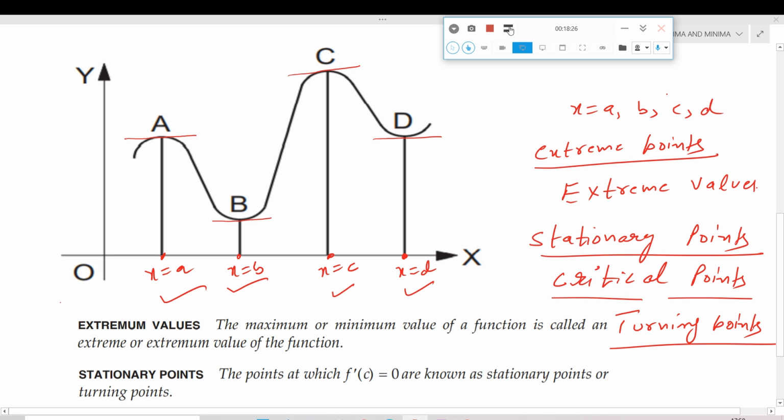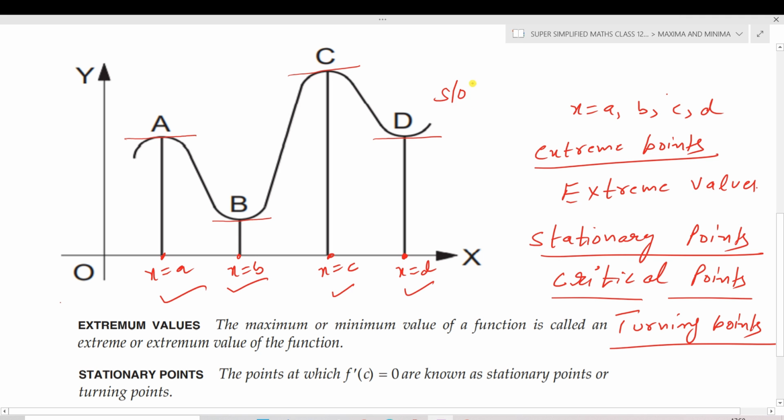If you draw the tangents to all these points, see, I have drawn a tangent to the curve at the point A, and tangents to the curve at the point B, at the point C, at the point D. The property of these tangents, as you see, is that all these tangents are parallel to the x-axis. That means the slope of all these tangents that we have drawn is going to be 0.